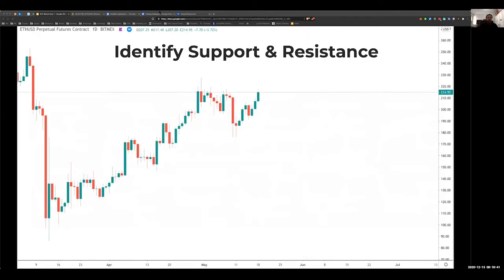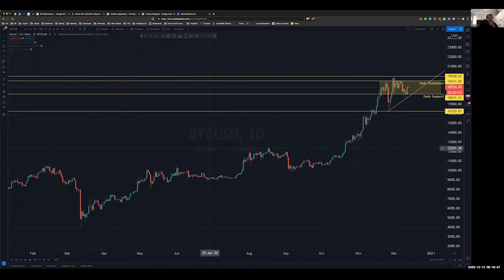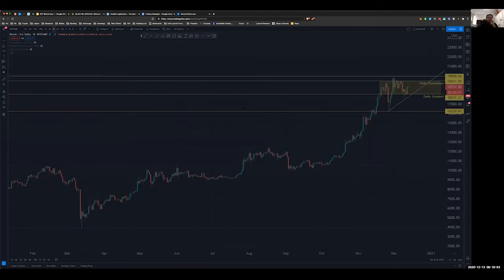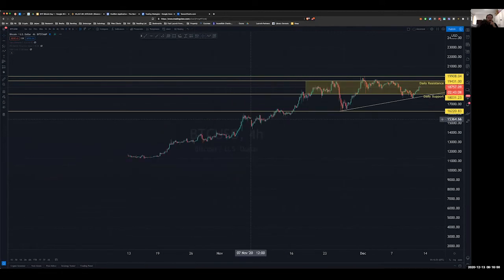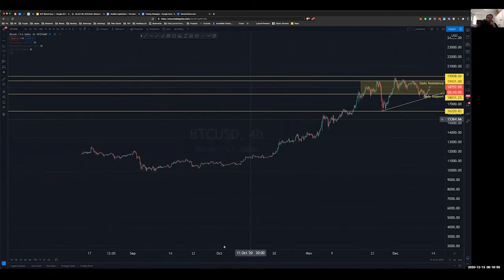So in this case, I'll illustrate some of the things that I see based on what's on here. I'll jump down to the 4-hour chart because I think it'll be easier to notice the points.